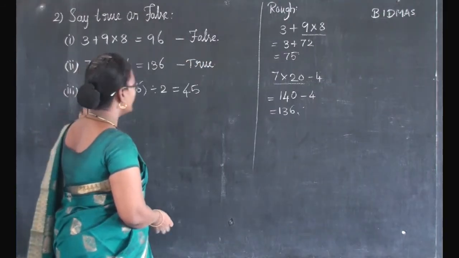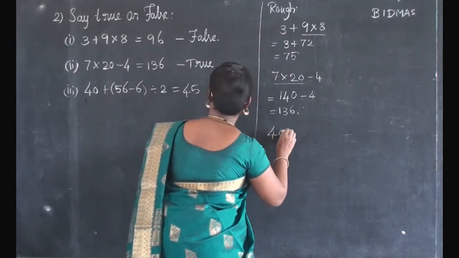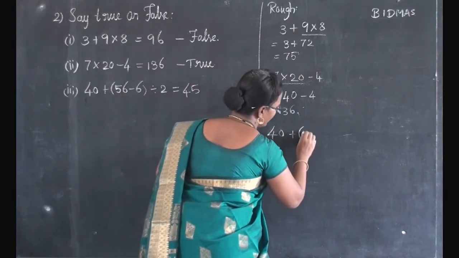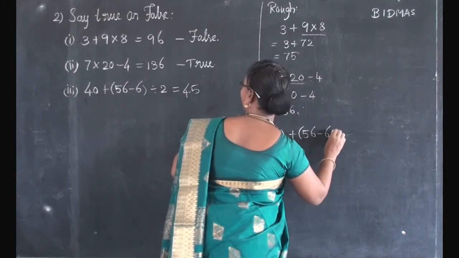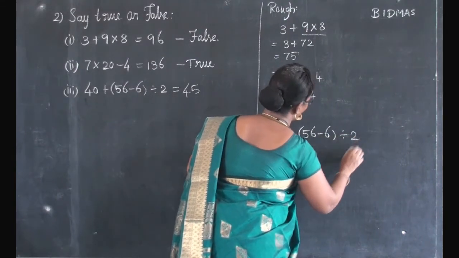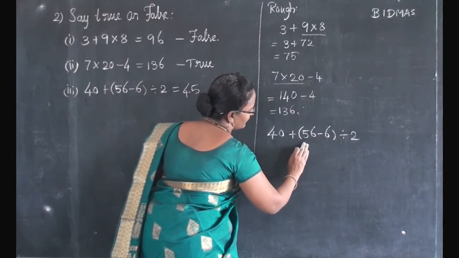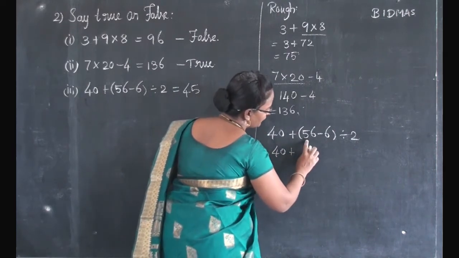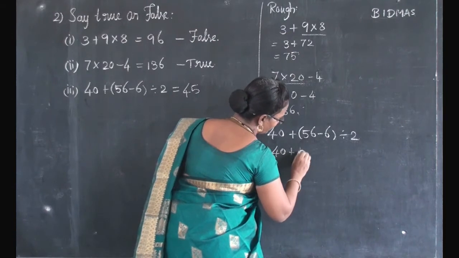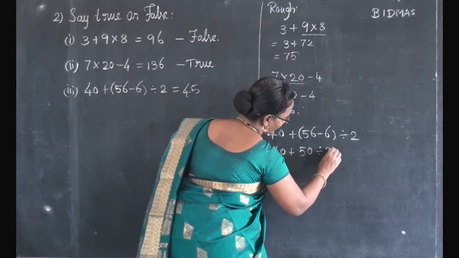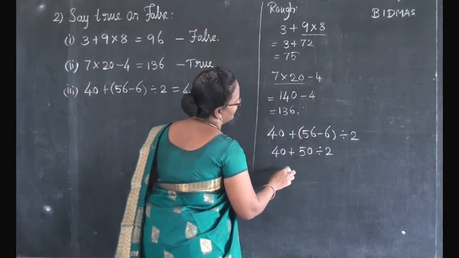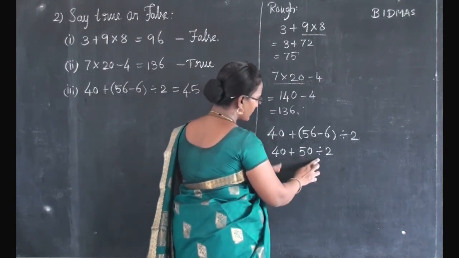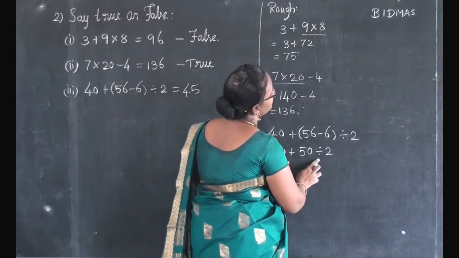Next one, the third one. 40 plus 56 minus 6 divided by 2. First solve the bracket. So 56 minus 6, 50, divided by 2. And then here two operations, addition and division.